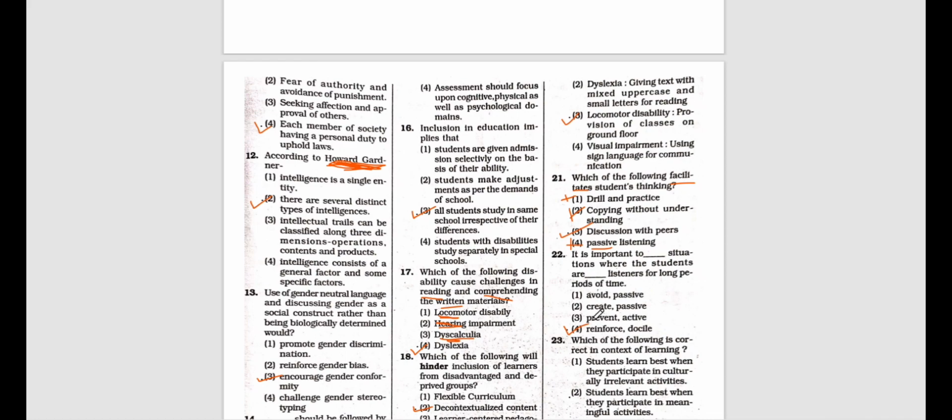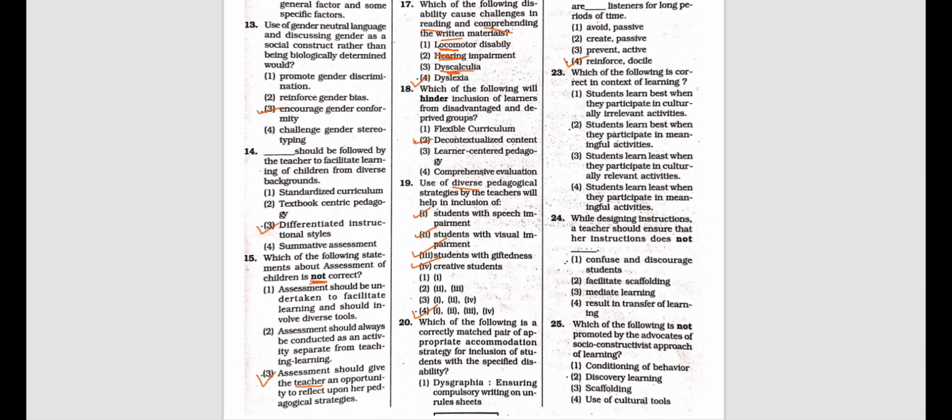All right, let's go to question number 23 straight away. Which of the following is correct in context of learning? Students learn best when they participate in culturally irrelevant activities. Students learn best when they participate in meaningful activities.